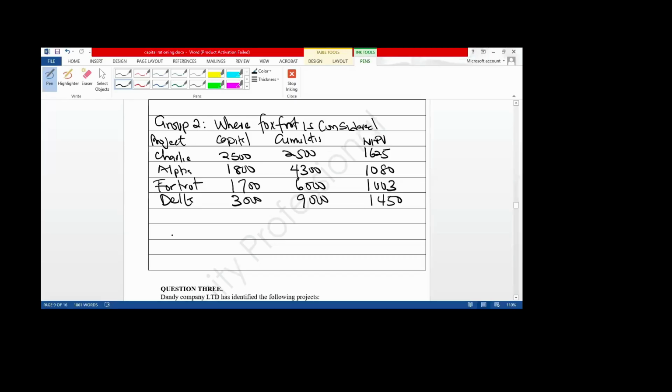That means we have to go to Bravo. Amount here is 2,000. That will give us 11,000. Project return, how much? NPV 900.